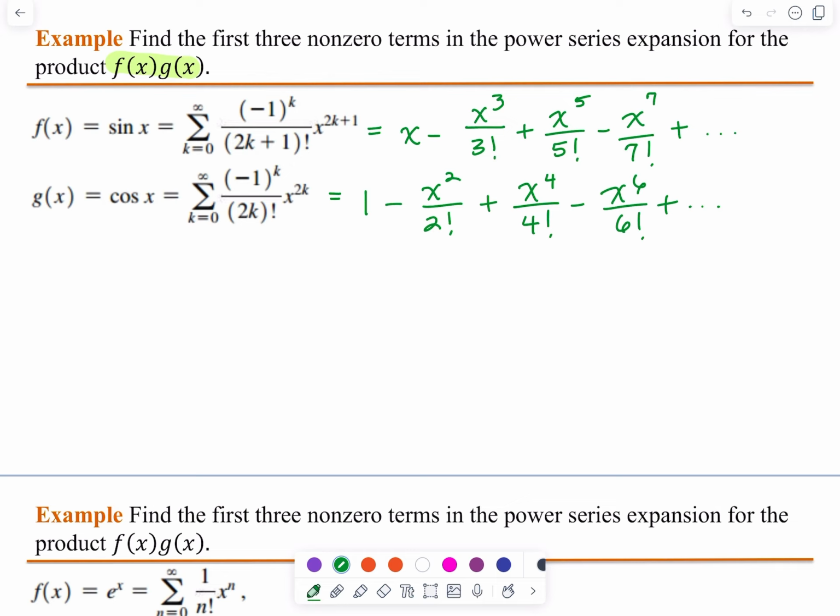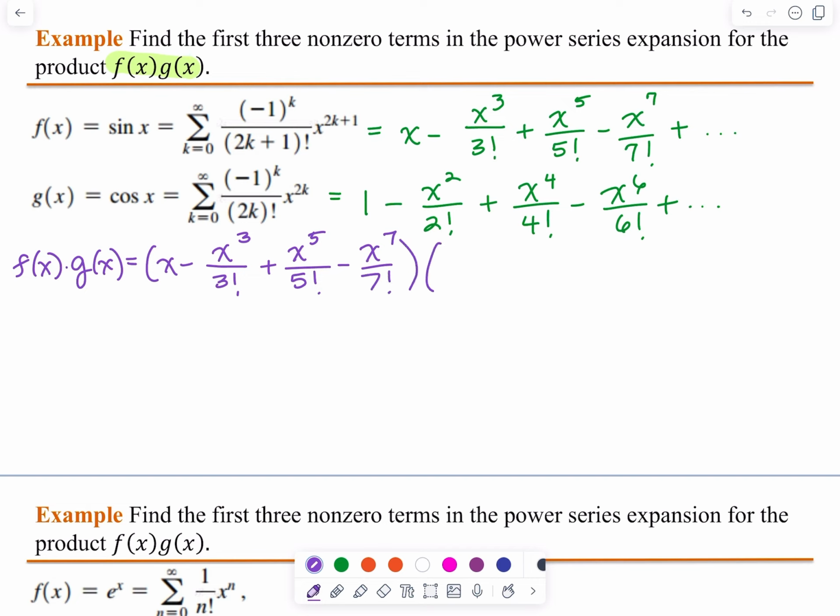So now if we're going to find the product, as we mentioned earlier, we're going to be using the distributive property, and then we're going to be gathering terms of x minus x naught, and in this case it would be x. So here is our g of x, and we're going to multiply it by f of x.